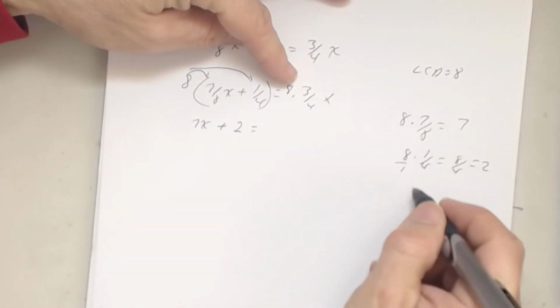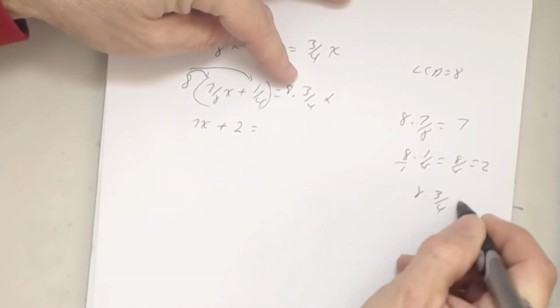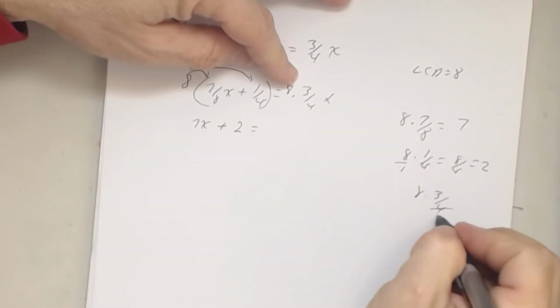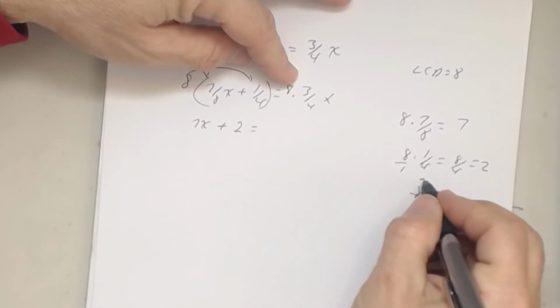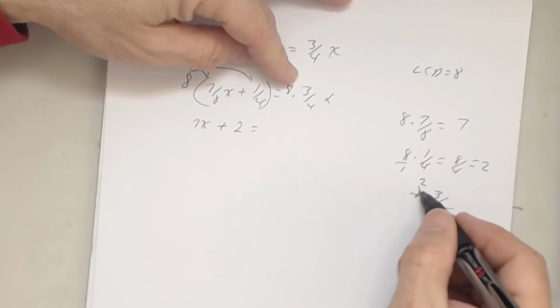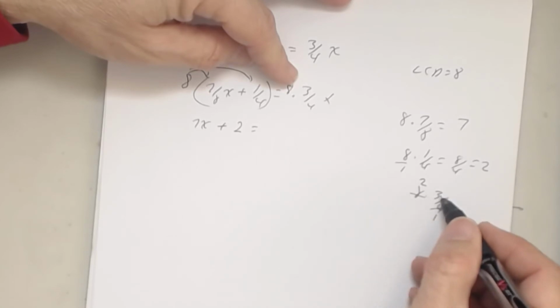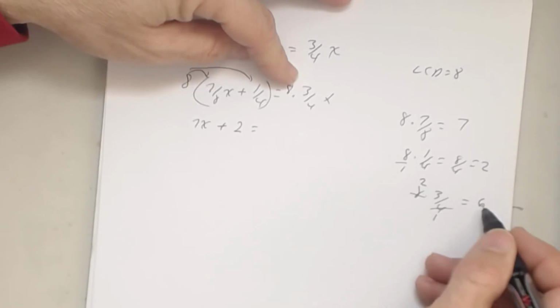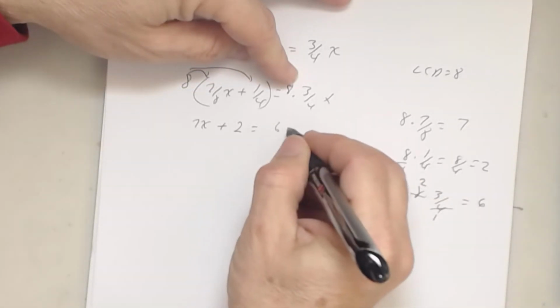Now over here, what is 8 times 3/4? 6. Because 4 into 4 is 1, 4 into 8 is 2, 2 times 3 is 6. Or you could have said 8 times 3 is 24. 24 divided by 4 is 6. So that's 6x. And that's where I'm at. So I cleared the fractions.